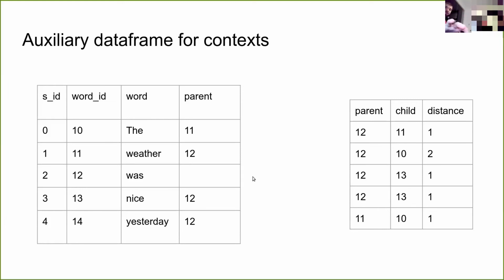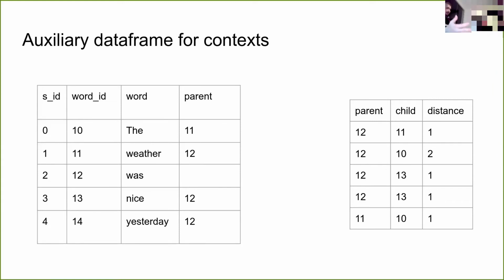So for the verb was, the was is related to whether on a distance 1, and the was verb is related to the on a distance 2. You have to compute this data frame for all the sentences in your data set.